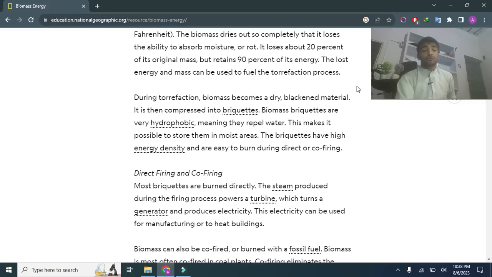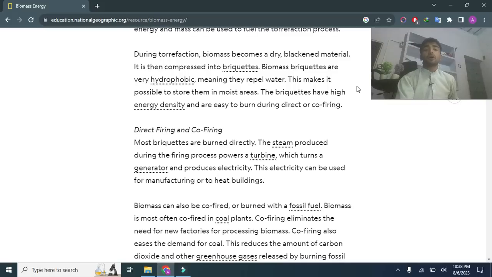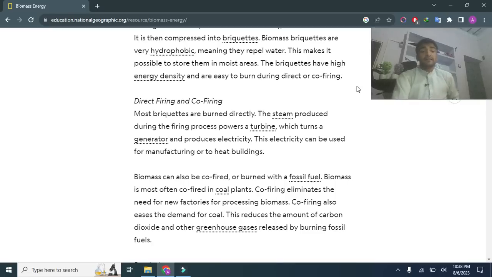This can be used for heating buildings in manufacturing, and biomass can also be co-fired. Above we read about firing, and below about co-firing. Co-firing is burning with fossil fuels, and this process differs from steam. Co-firing is also an easy substitute for coal. This reduces the amount of carbon dioxide and other greenhouse gases released by burning fuels.